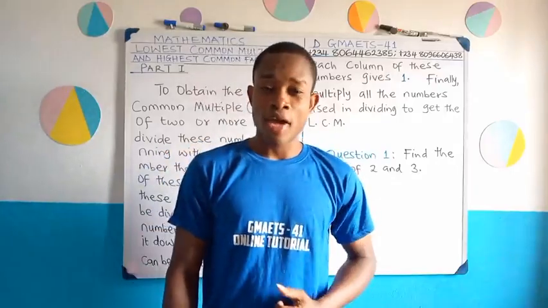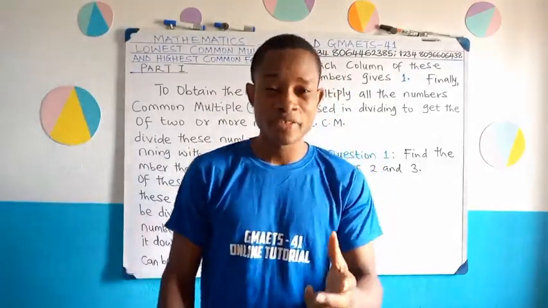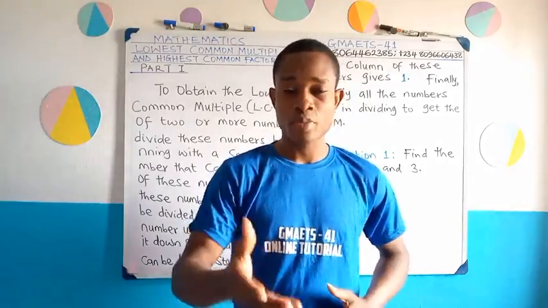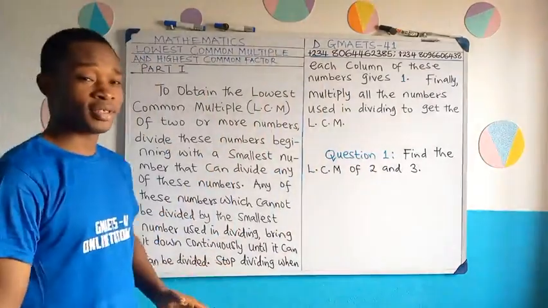How do we get the LCM of 2 or more numbers? I'll be explaining that to you now, and then we'll solve a question to demonstrate the explanation. On the board here, we have the procedure written.